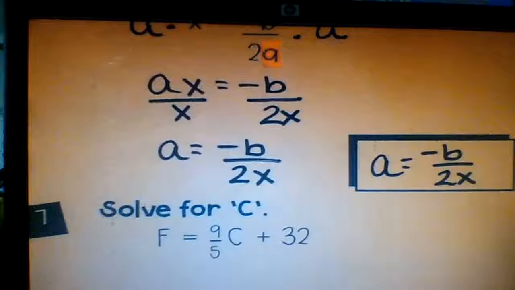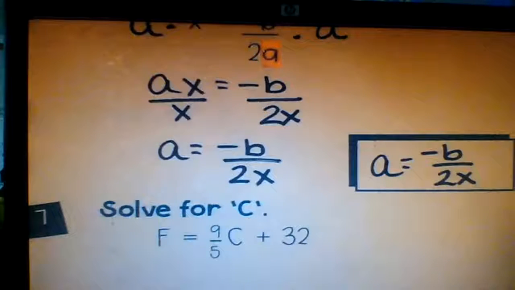Remember, when I butterfly, what I butterfly gets multiplied. So I still need to get a by itself. What should I do? Divide by 2x. Both of those are being multiplied, so I can divide by them. So negative b divided by 2x equals a.